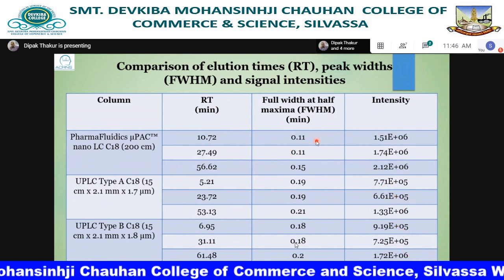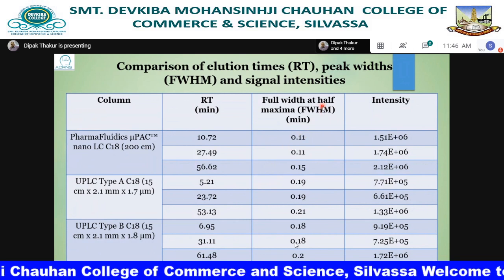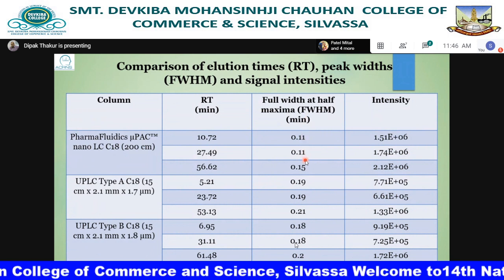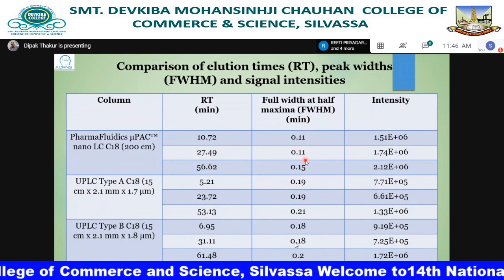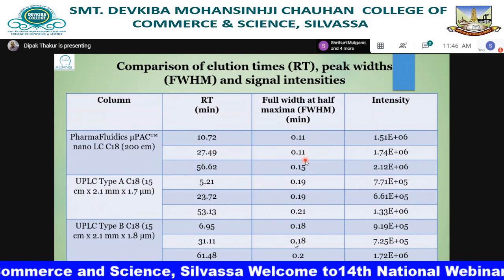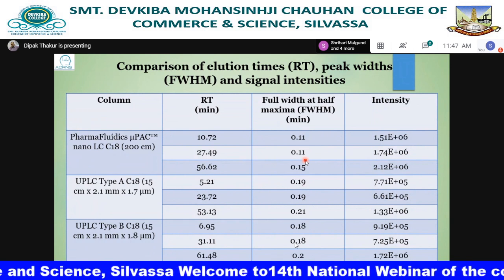See, the width of the peak is 0.11 minute at half height. That means what is 0.11 minute? Around 0.6, so around 6 to 9 seconds. So if 6 to 9 seconds is my width, how many peaks will be there per minute? 10 peaks.